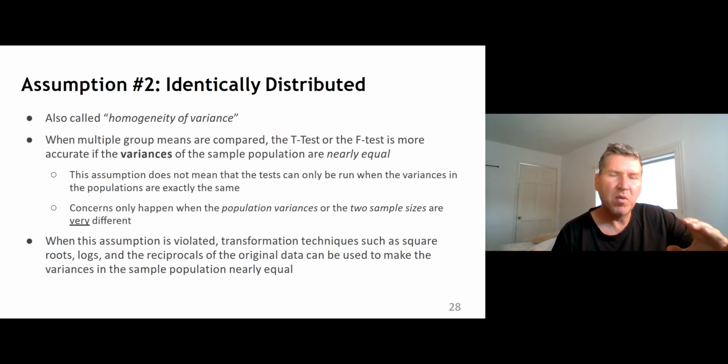But if one is very wide and one is very narrow, that could mean that they're not identically distributed. So we have to be careful, because we can use transformation techniques such as square roots, logs, and reciprocals to get the variances nearly equal.